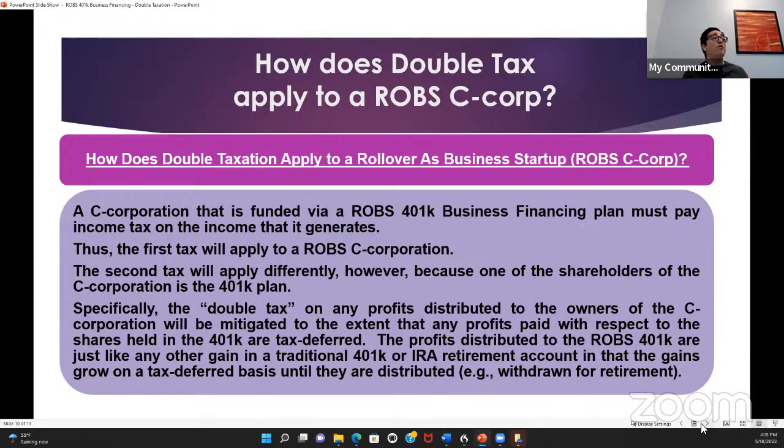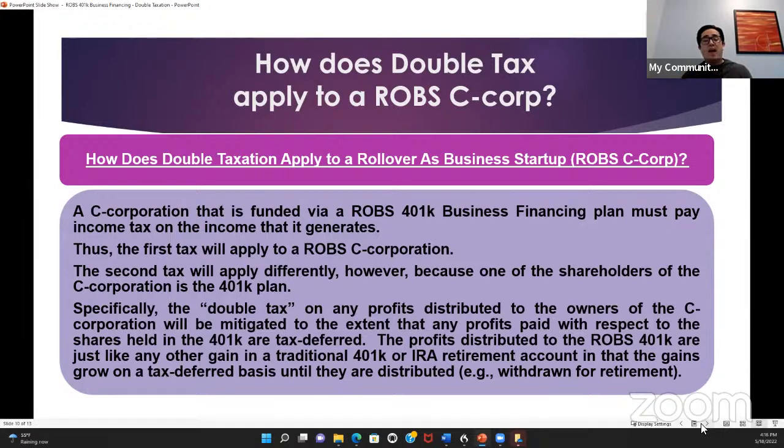So in other words, that first tax, right, the 25% on the $100,000 of net income at the C corp level. So that applies regardless of whether or not you funded the business via a ROBS, regardless of the fact that you might own some of that company stock via your 401k.